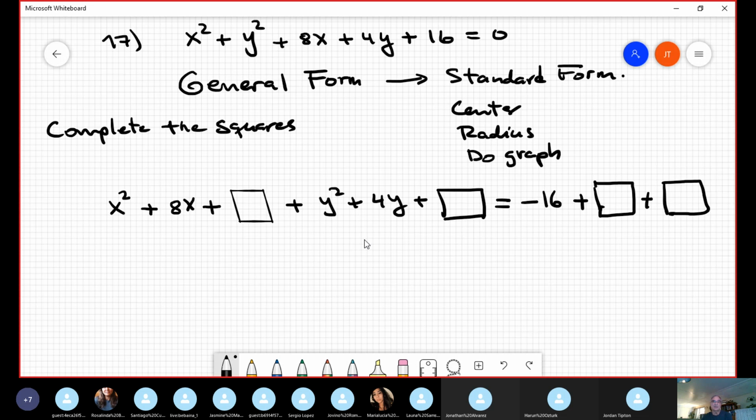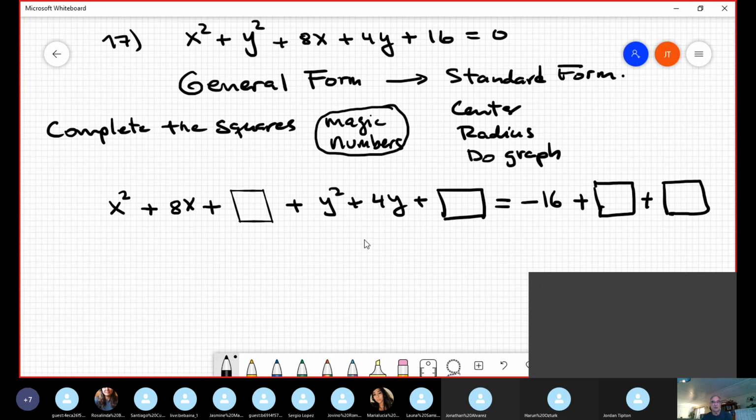Now our goal is to find the magic number. I need help. What is the first magic number in the x part? Do you remember the formula for the magic number? 16. Very well. My question, Miss Flora, where does 16 come from? It's b over 2 in parentheses to the second power. Exactly.